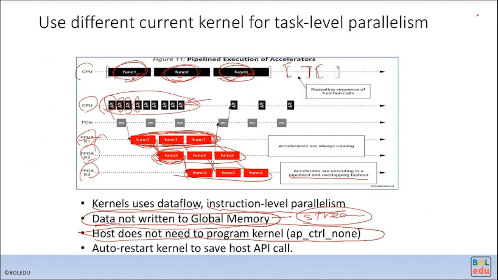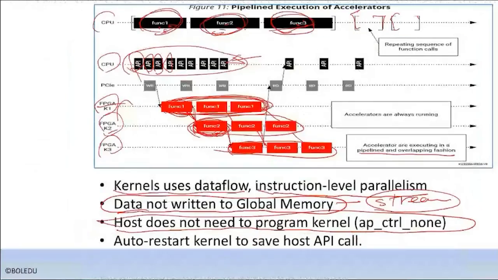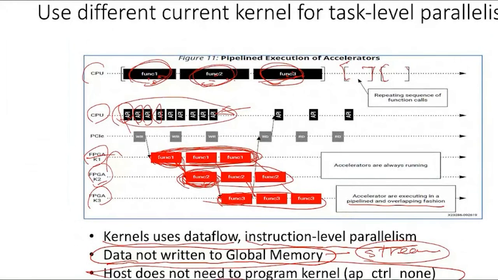So it should use the data flow, and those functions should not have a block level control. In here, you cannot trigger this function because the data is not ready. This one corresponds to this function.